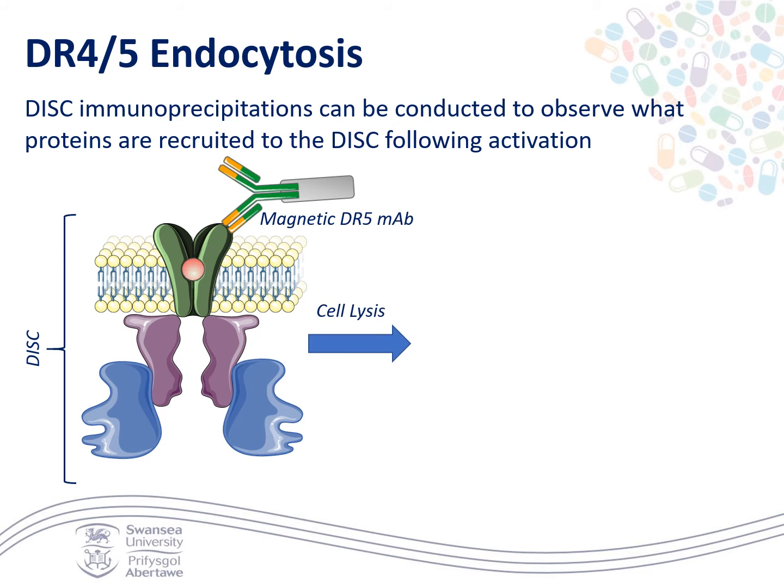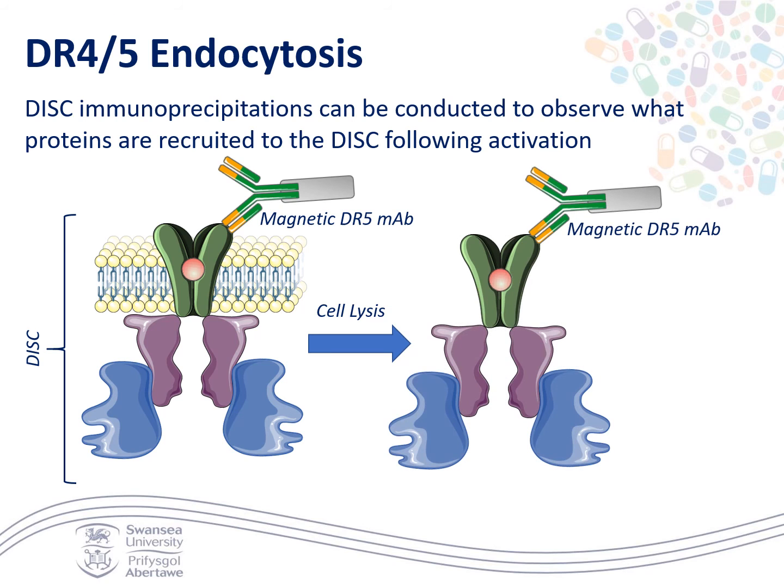We can then lyse the cells, so essentially break apart the cell membrane, and ultimately we're left with a complex which contains the magnetic antibody bound to the receptor and all of the proteins which are interacting with the receptor. So by extension, we can pull out that receptor and look at all of the proteins involved in the death-inducing signaling complex, such as FADD, the Fas-associated death domain, or the pro-caspases. And we can then analyze these by common techniques such as Western blotting.